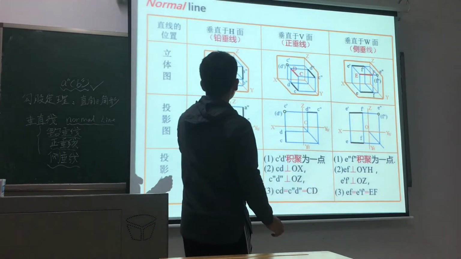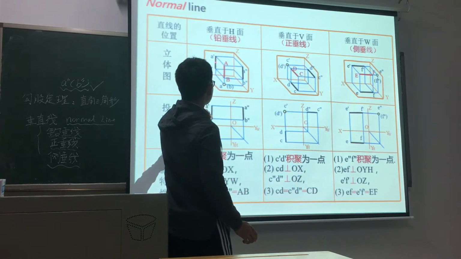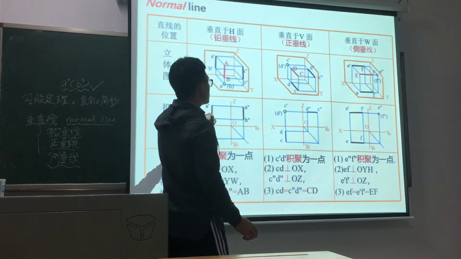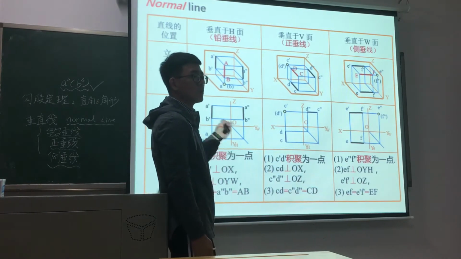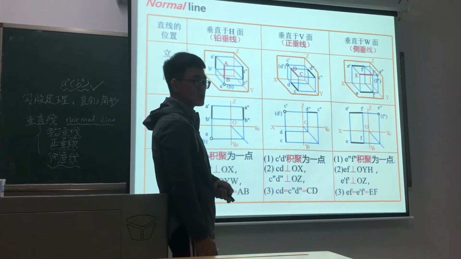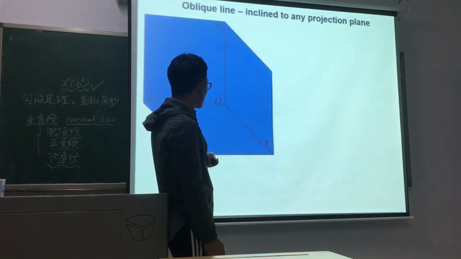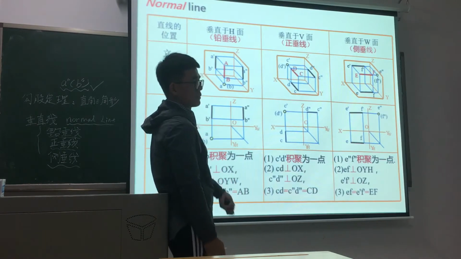So this line AB, this black one, should equal this red one. So from the 铅垂线, from this perpendicular line, we can find the true length very easily because the length of this projection is equal to the true length of AB.